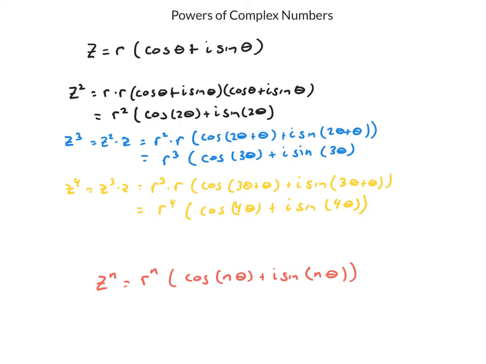But the other thing you have is that the argument of the original angle is multiplied by that power. So in general, what we have is z to the n equals r to the n times the cosine of n times theta plus i sine of n theta. This right here we'll formalize in a bit.